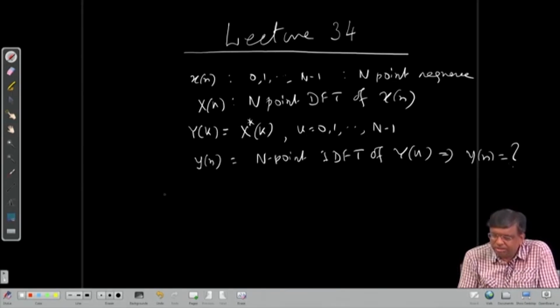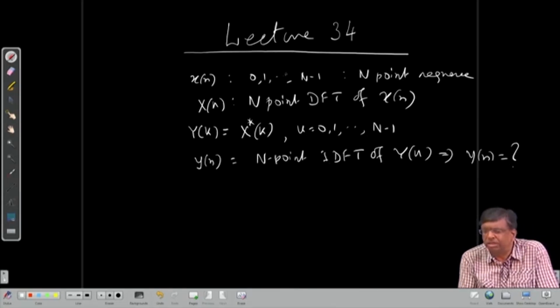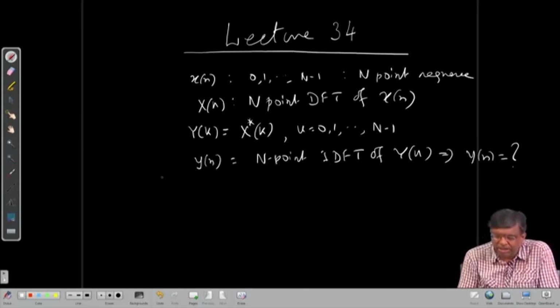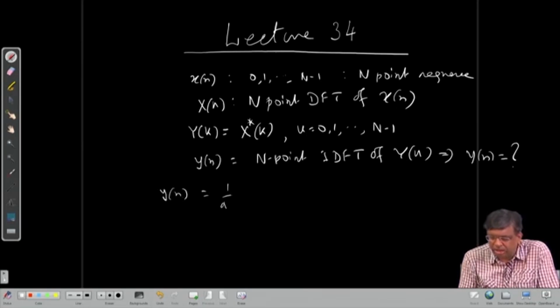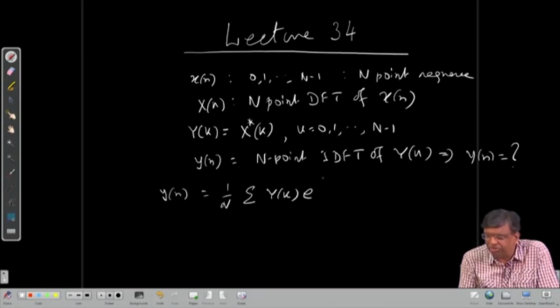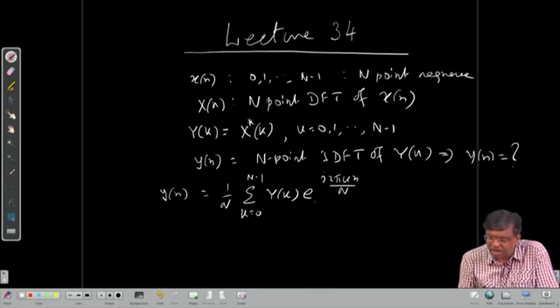So y n, again it will be an N point IDFT, which means it is a sequence of length N only. Let us work out y n. As we know, by the formula of the IDFT, y n is 1 by capital N times the summation over k of Y k e to the power j 2 pi k n by capital N, where n is fixed from outside. Then we replace Y k by X star k.